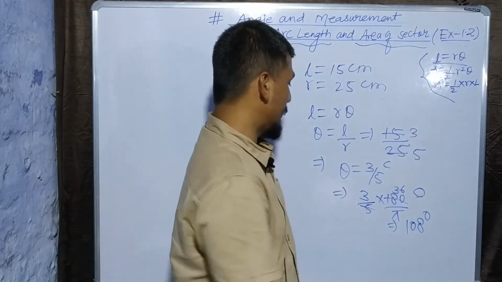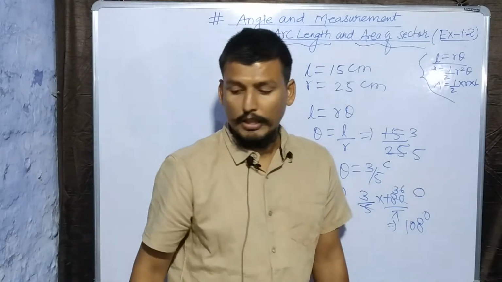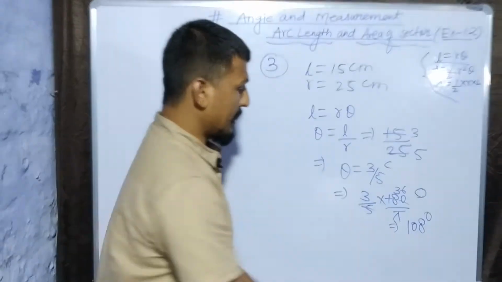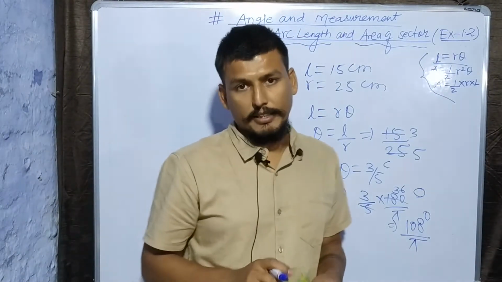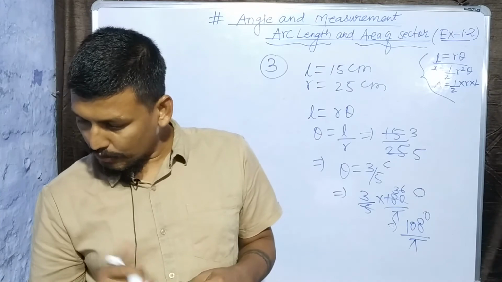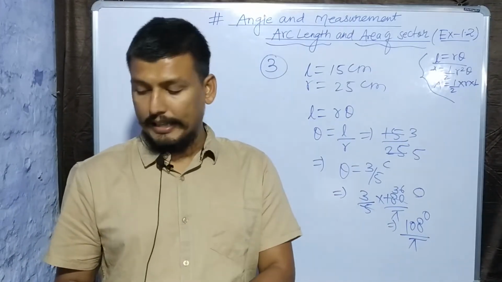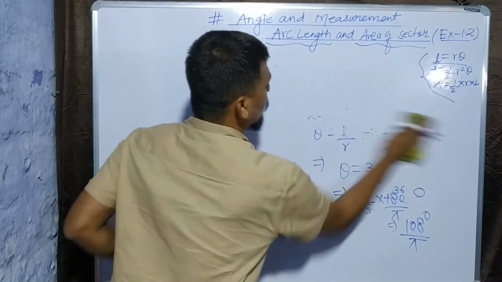This one was in radian, this is in degree. So 108 by pi degrees. This is question number 3. In question number 3, you have to convert it into degree. So next is question number 4.